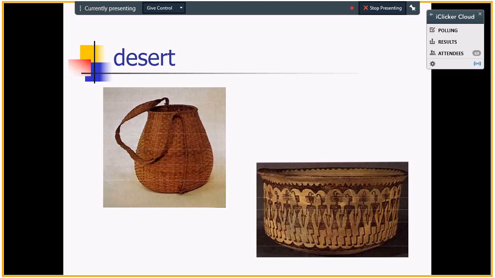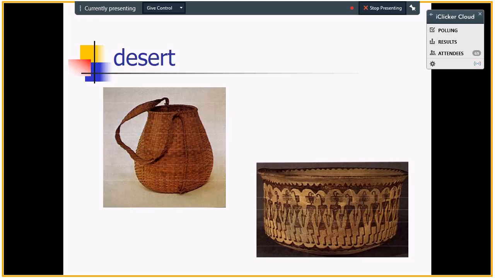So when you find a large patch of strawberries, you eat as much as you can, and then you harvest more to put into a basket to carry with you as you go looking for more food or other animals to hunt. You know, snacks to take on your road trip, right? Or storage tools to hold water, and this is especially important in the desert Southwest.